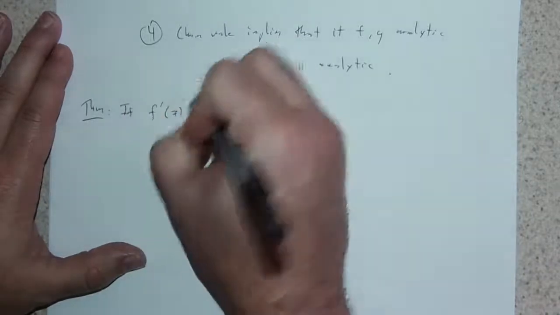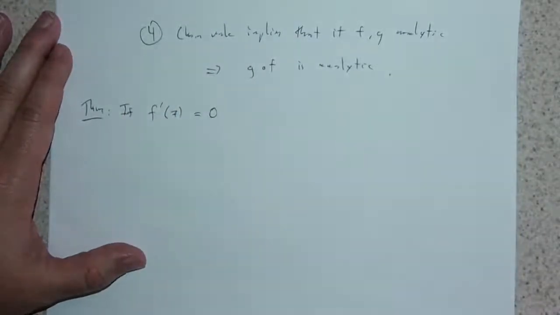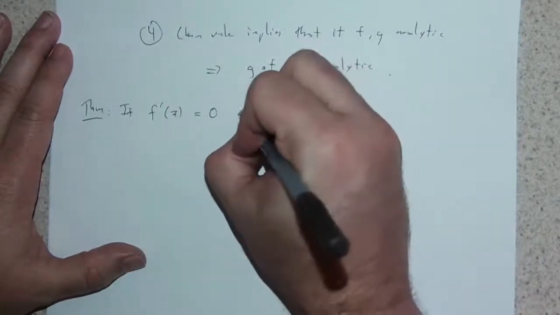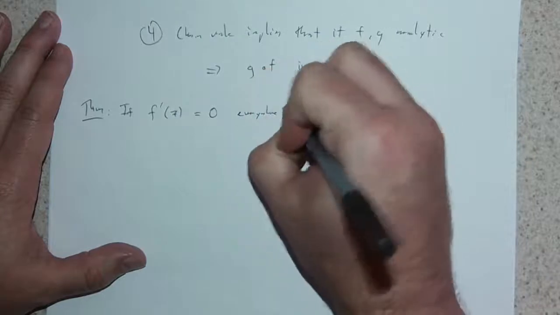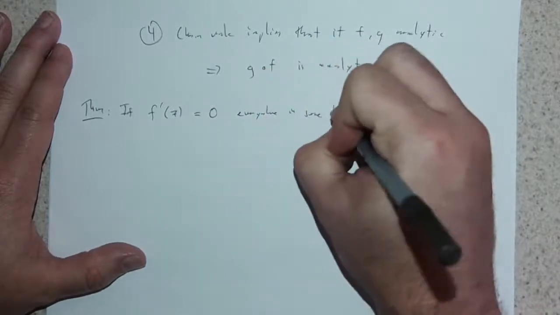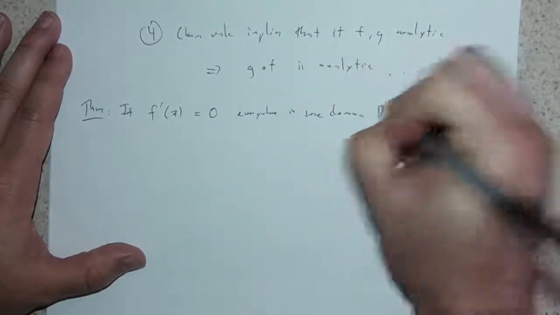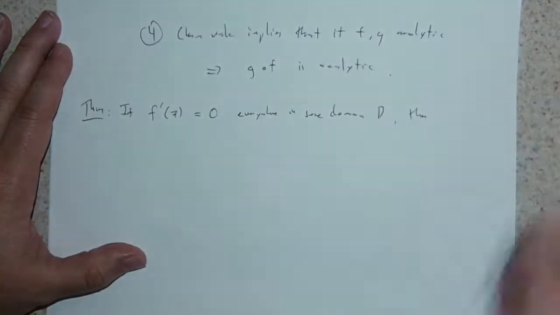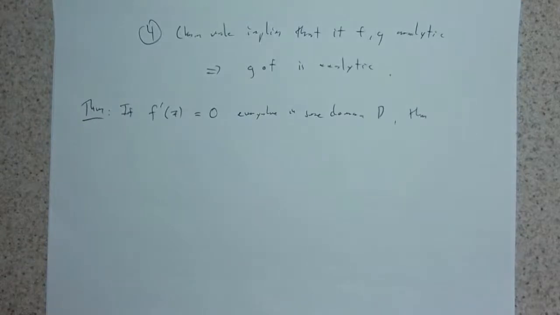So what if I have a derivative that is 0 everywhere in a domain, right? So if f prime of z is equal to 0 everywhere in some domain D, then, well, what did we know about this for real valued functions? I mean, we knew exactly that if we had a function that had 0 derivative everywhere, then this is a constant function, right?